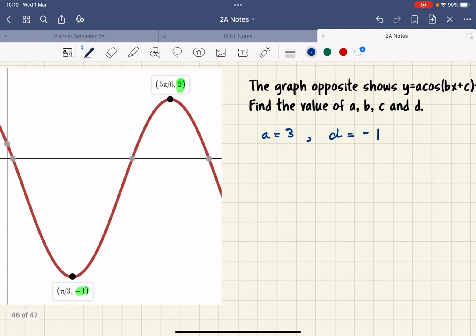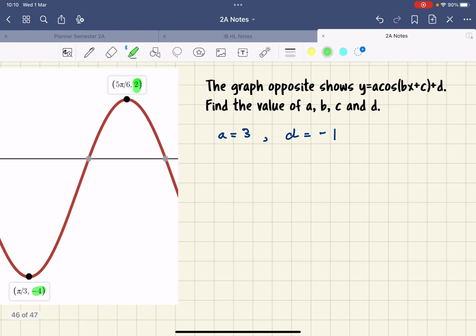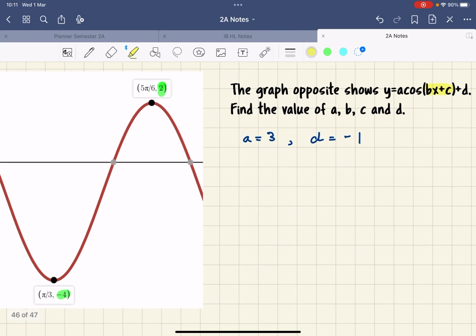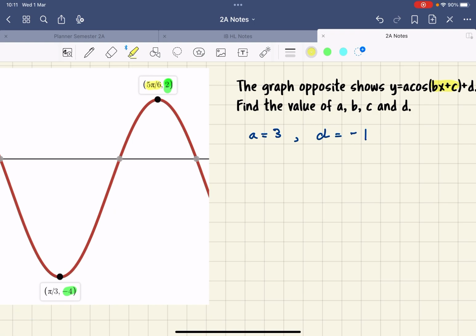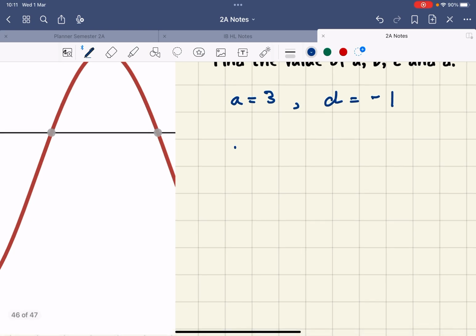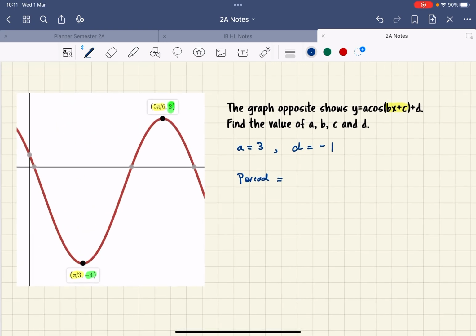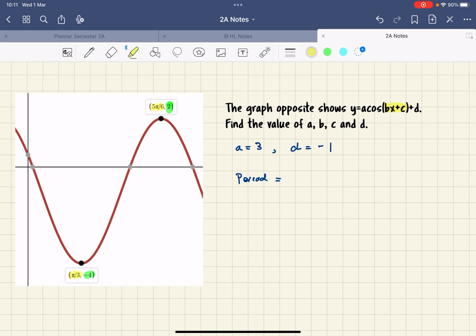Now to find B and C, they're the ones inside that bracket, and they're the horizontal transformations, and we're going to use the x values here. First thing we're going to do is work out the period. We can see that between those two values we have only covered half of a period.